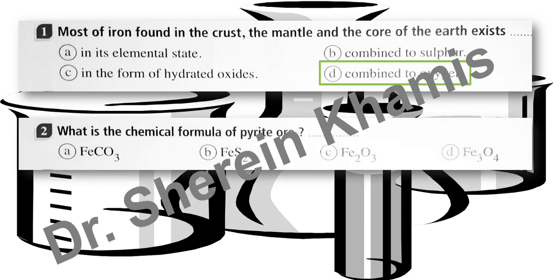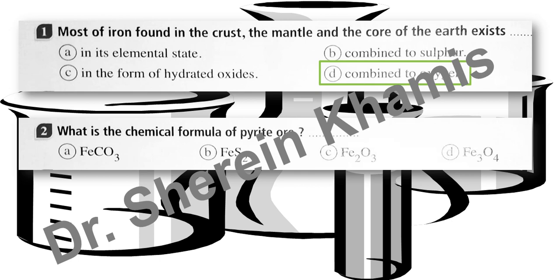Okay, another question. Question number 2. What is the chemical formula of pyrite ore? Pyrite ore means it may be in a lot of compounds or react with an element.